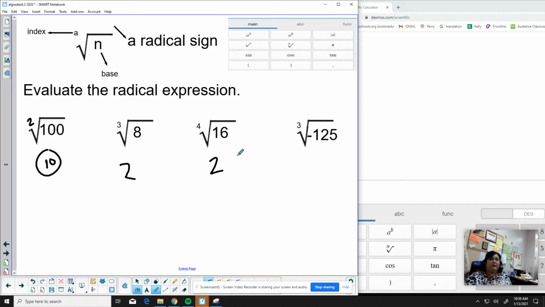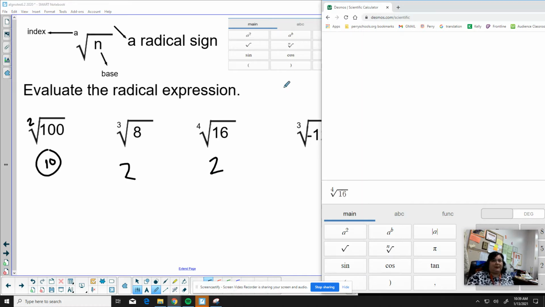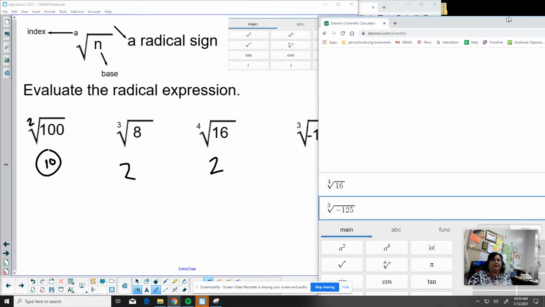And then you can even have a negative under the radical sometimes, like the cube root of negative 125. If we put a 3 here and negative 125 on the inside, that's negative 5.